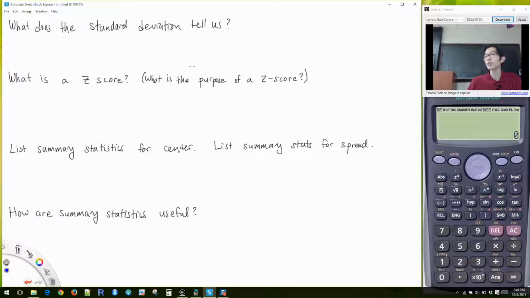Okay, average distance, I would say actually not between each number, but between each number and the mean. All right, so the big picture concept that I'm going for here is it tells us the spread in our data. It tells us if our numbers are alike or if they're quite different from each other. What does the standard deviation tell us? It tells us the spread in our data.